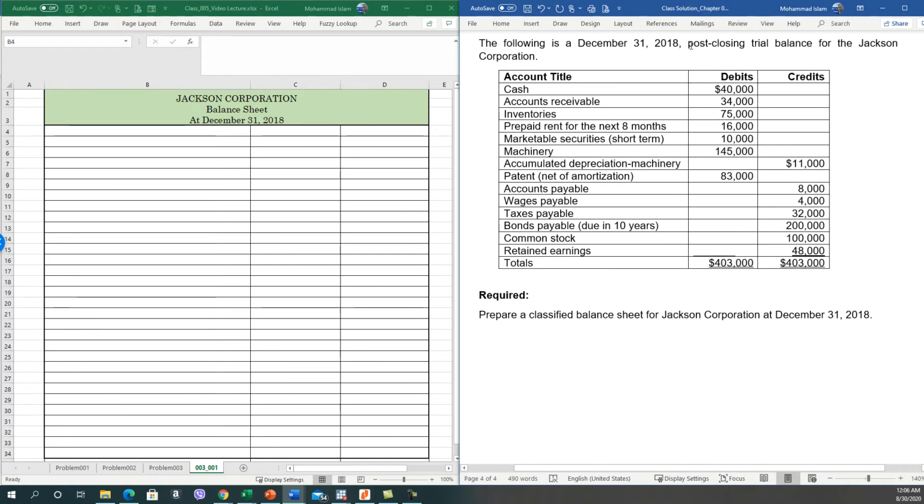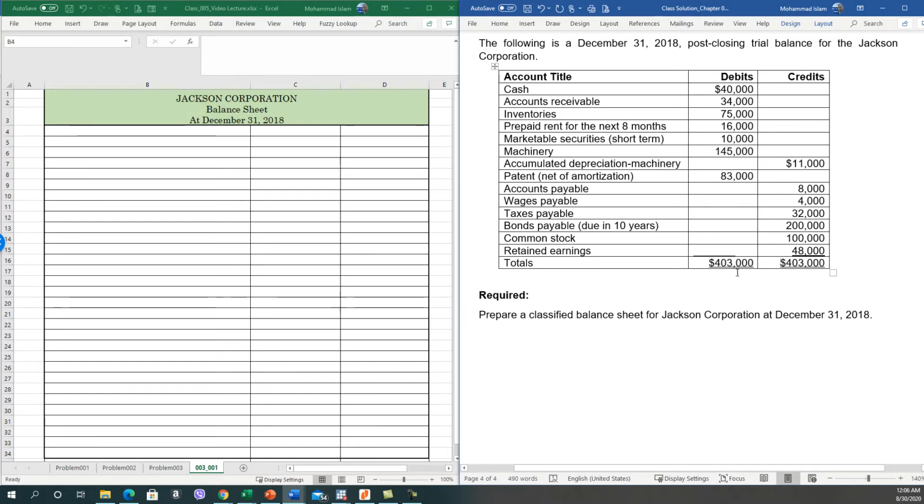The problem is saying that the following is a December 31st, 2018 post-closing trial balance for Jackson Corporation, and we have the cash, accounts receivable, and so on, then retained earnings, and finally the two sides, debit and credit sides, have balance.